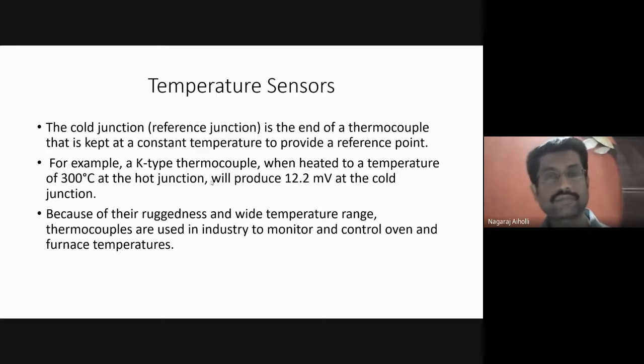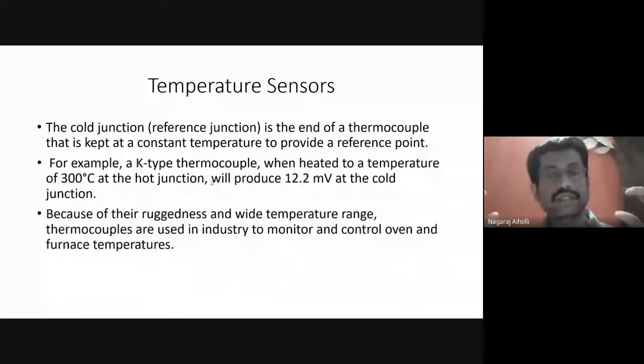For example, a K-type thermocouple. There are various types of thermocouple, and one example is the K-type thermocouple. When an object of around 300 degrees Celsius is brought near the hot junction, it will produce a voltage of about 12.2 millivolts at the cold junction.